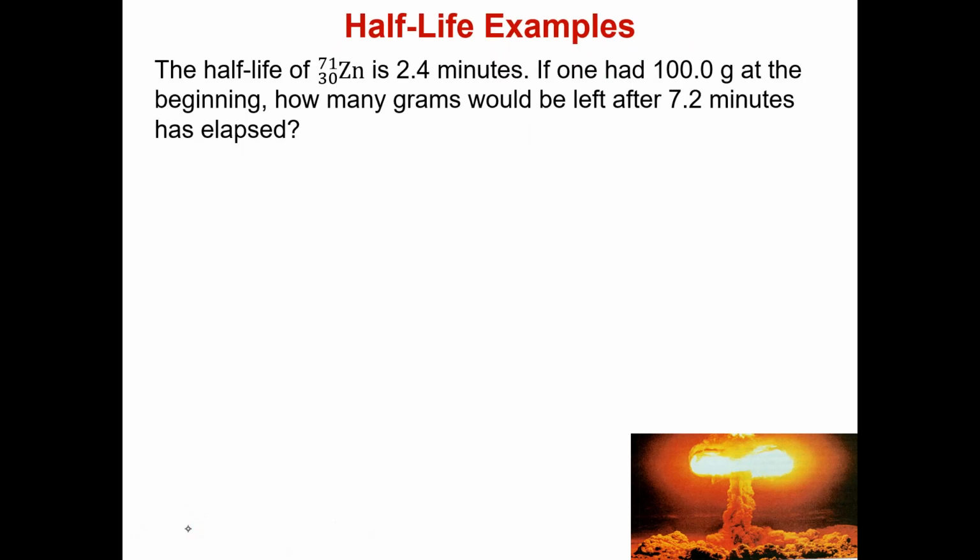So let's look at an example here. The half-life of zinc-71 is 2.4 minutes. If one had 100 grams at the beginning, how many grams would be left after 7.2 minutes has elapsed? Now, there's a couple of ways to approach these types of problems. We can use our equations, or sometimes if we're doing an exact number of half-lives, and we're only doing a few half-lives, so I'd say probably not more than 5.